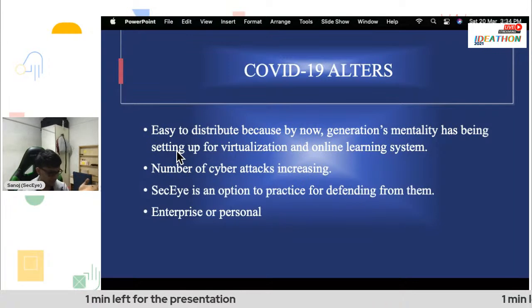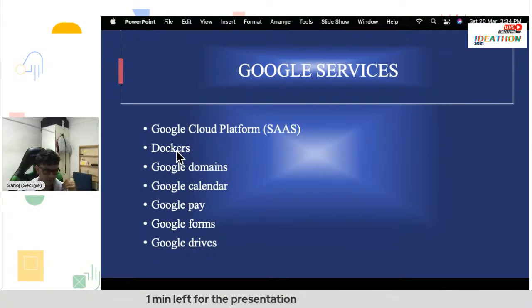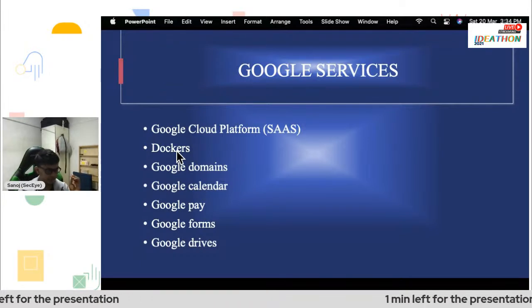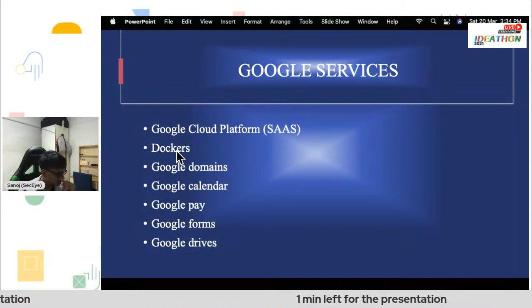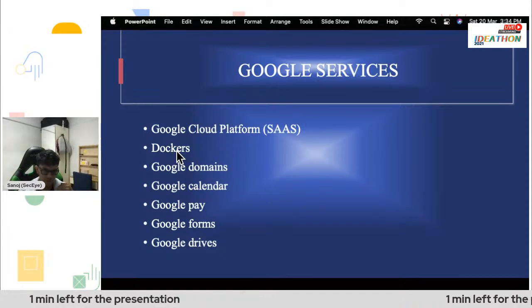Okay, again, enterprise or personal users can use it. These are the services we may need, because for now we are using things offline on our computers. So these are the platforms we need from Google Cloud Platform as a service, because we don't have many people, so we need Google to provide us every solution and every service by the time.